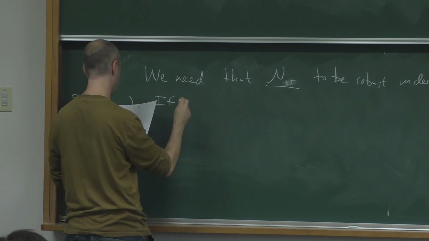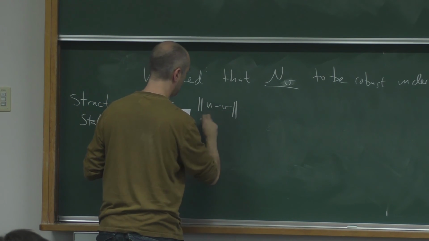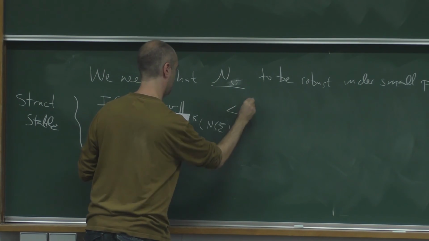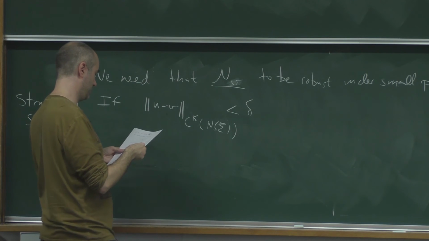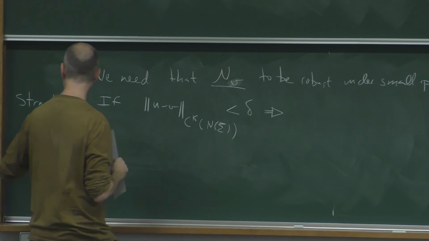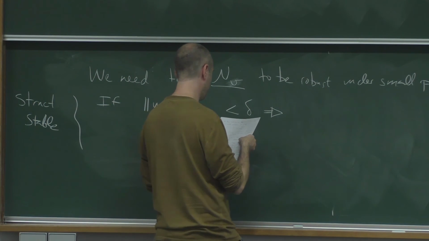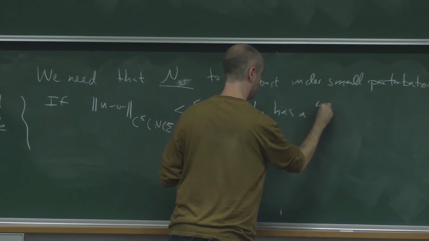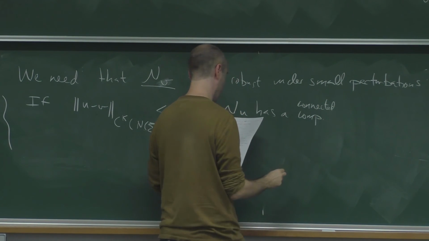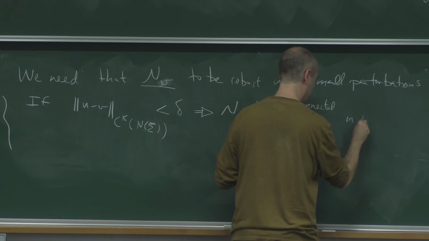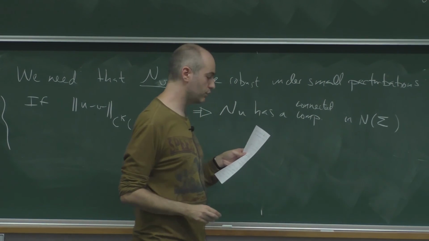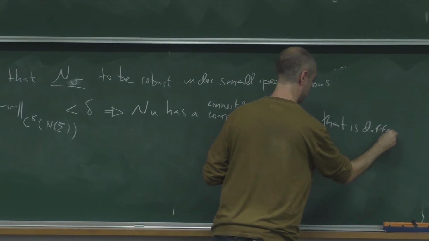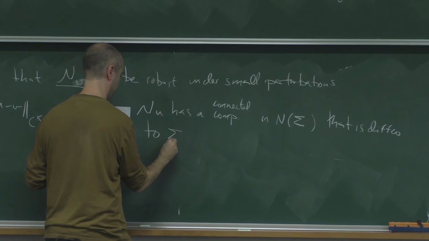So if you have a function u that is close to v in the neighborhood, then this structural stability just means that N of u has a connected component in the neighborhood under consideration that is diffeomorphic to sigma.